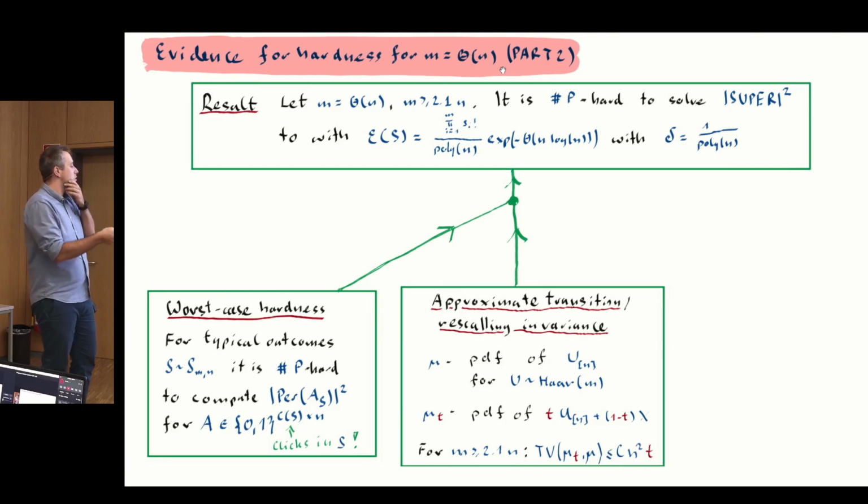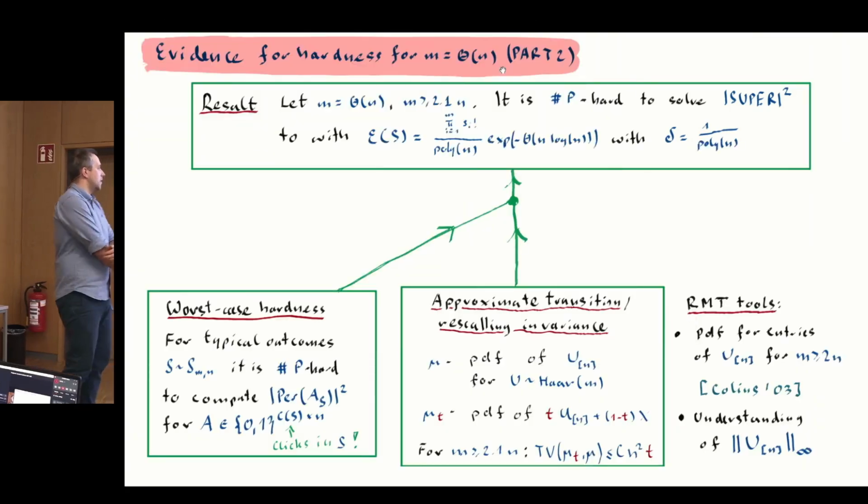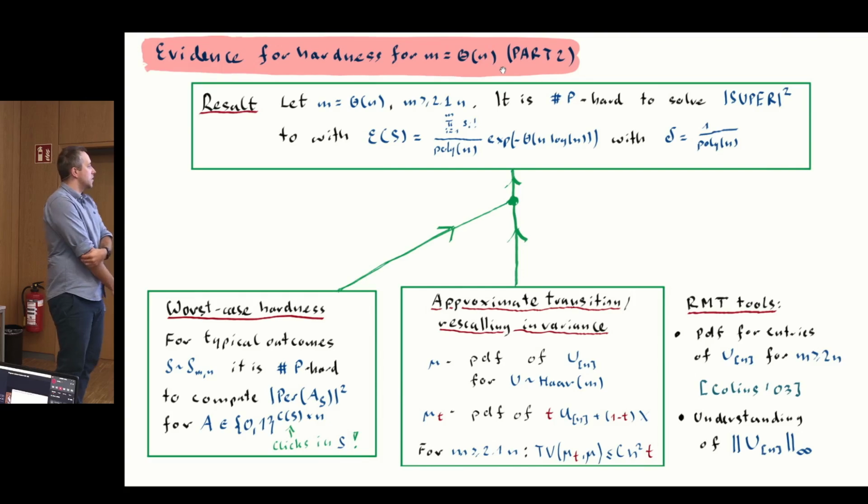It's needed for the polynomial interpolation argument, and to do this we actually study the probability distribution of the density of the submatrix. In this regime it actually has full Lebesgue density. We need to analyze it, and we also need to understand quantitatively the norms of the submatrix.